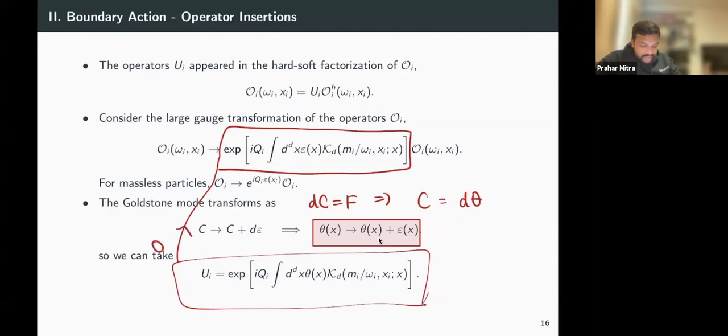So it's just based on symmetries. It's very easy to simply work out what this operator U_I has to be. This is the only possible structure that it can take.